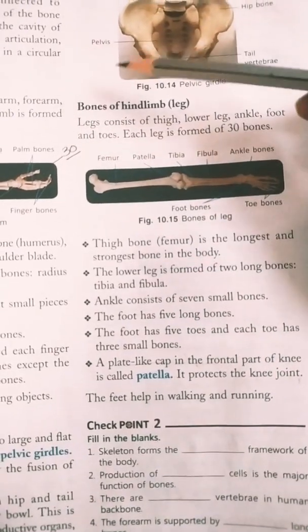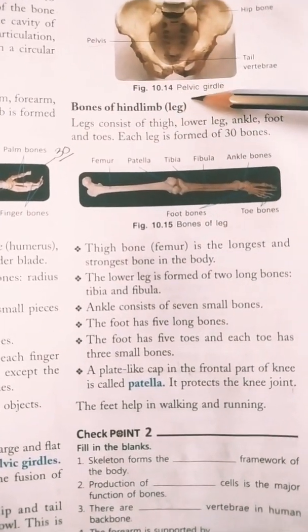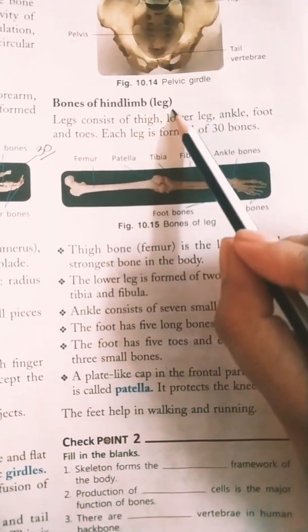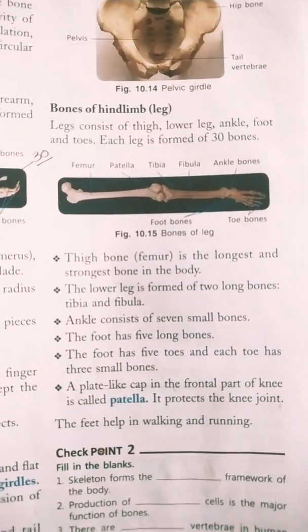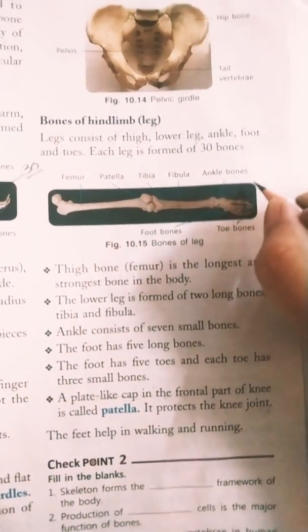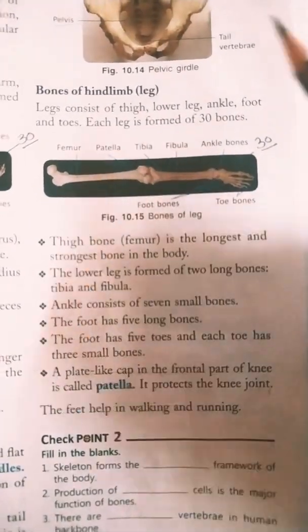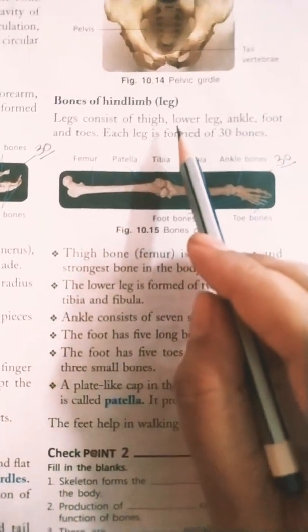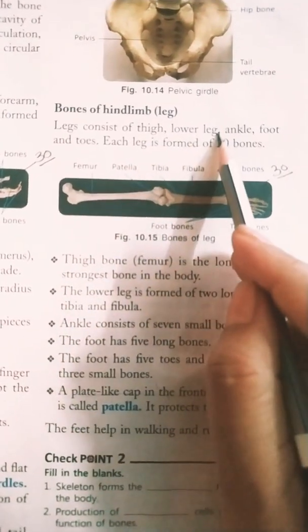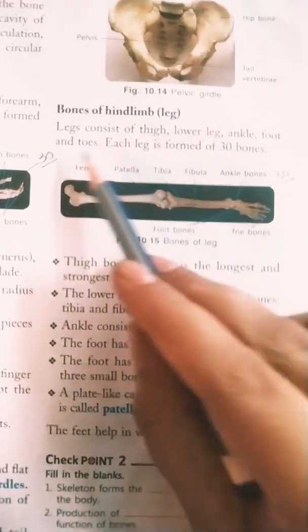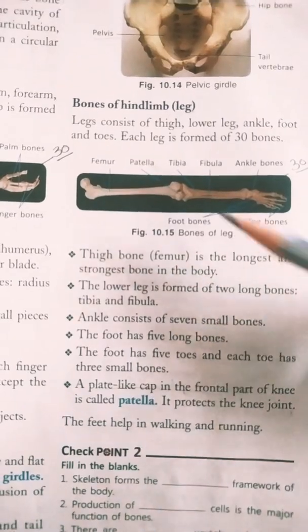Now we are going to discuss the bones of the hind limbs. Hind limb means leg. Just as our arm has 30 bones, the leg also has 30 bones. There are different parts of the leg: thigh, lower leg, ankle, foot and toes.